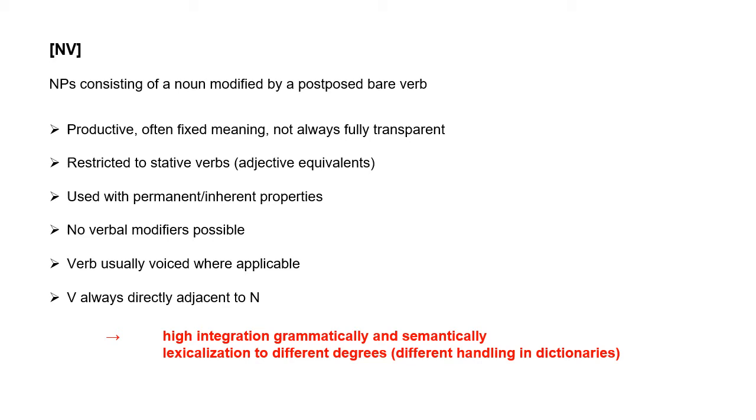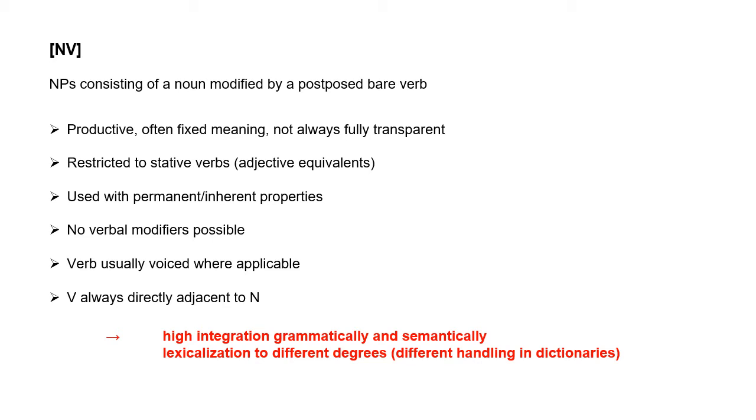Unlike the nominalized post-nominal verbs, though, these plain verbs as modifiers are always directly adjacent to the noun. So here we do get a high integration grammatically and semantically. And actually, dictionaries, Burmese monolingual dictionaries or Burmese to other languages, treat these patterns differently.